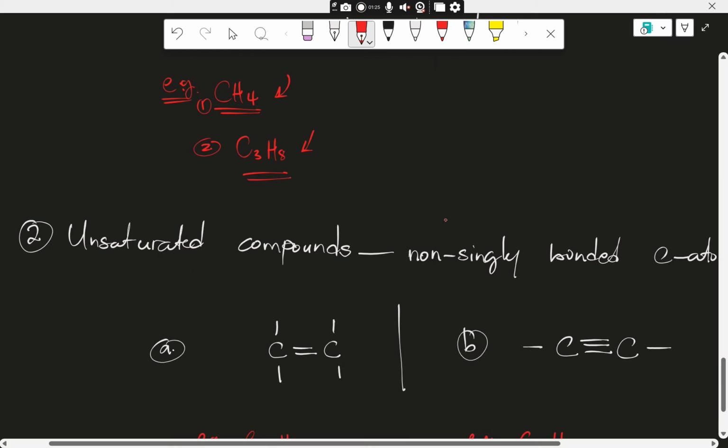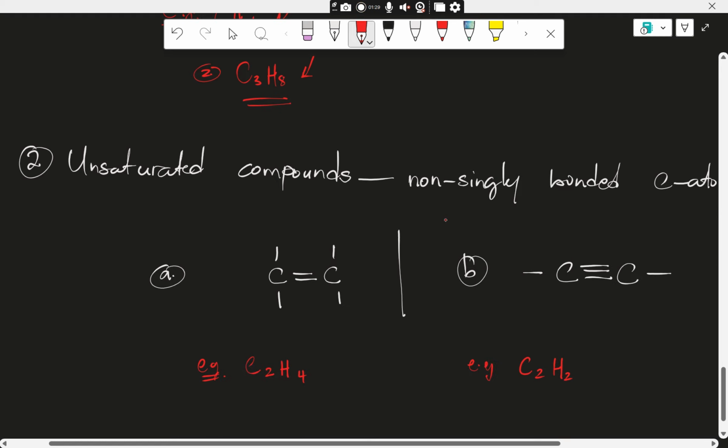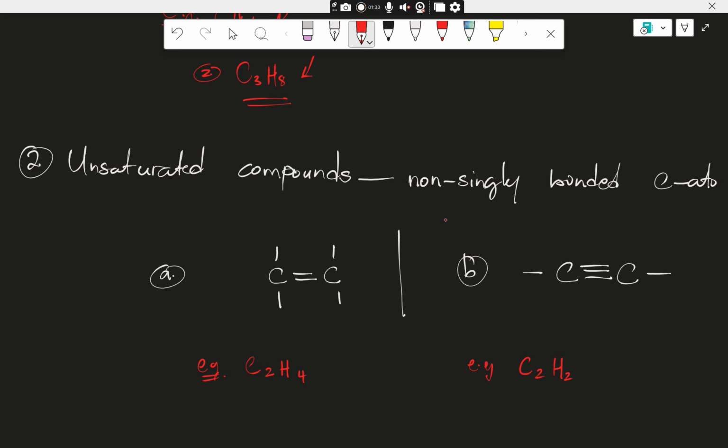When we talk about unsaturated compounds, these have double bonds or triple bonds. In the context of our lessons, let's only consider two bonds between the carbon atoms and three bonds between the carbon atoms. So these are non-singly bonded carbon atoms, our unsaturated compounds.